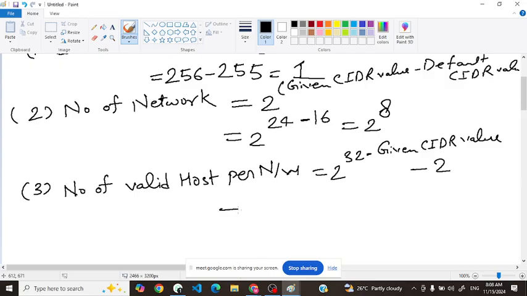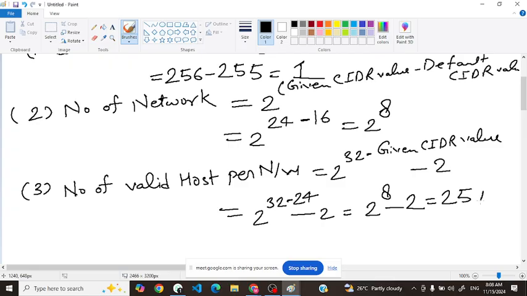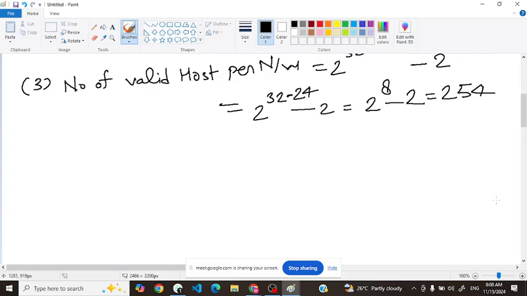So 2 to the power of 32 minus 24. Yeah, it will be 2 to the power 8 minus 2, which will be 254. What was the IP address?